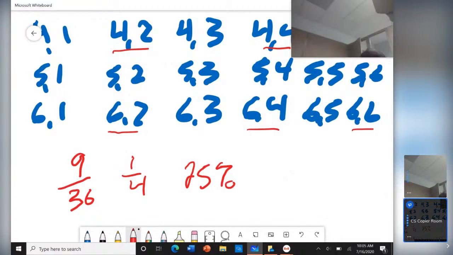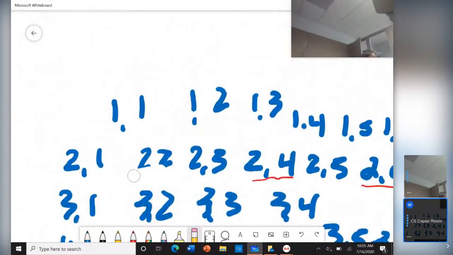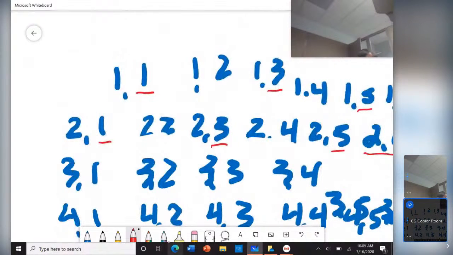Then it says, what is the probability of showing an odd number on the second dice? And let me erase this. So you're just going to go through all these combinations and just underline when you have an odd number on the second dice. So there's 1, there, there, there, there, there. Let me erase this one. There, there, and then 3, 5.